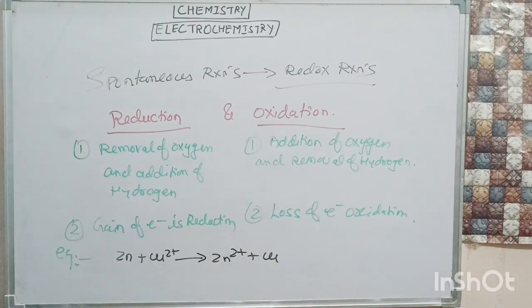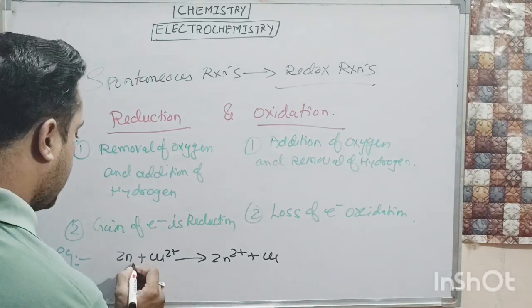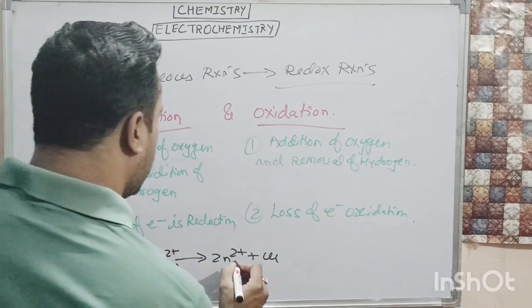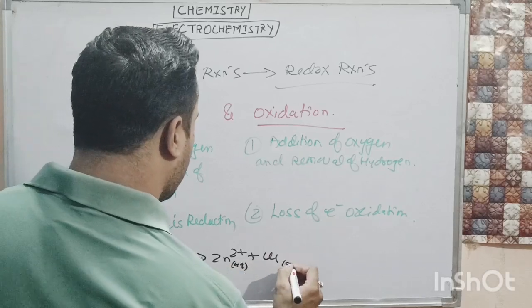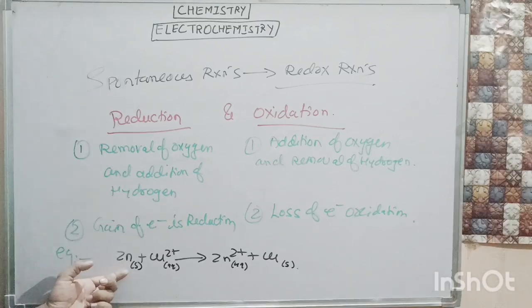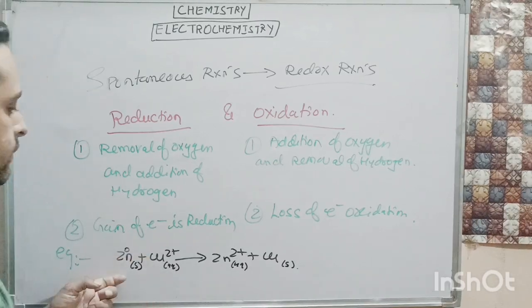This is the cell reaction for the Daniell cell, and we can see that Zn is solid, Cu2+ is aqueous, Zn2+ is aqueous, and Cu is now in solid form. The oxidation state of zinc is 0.